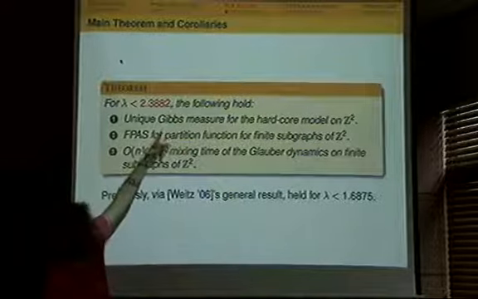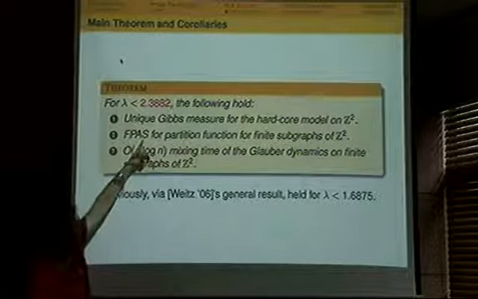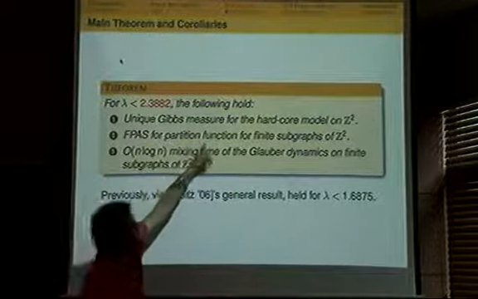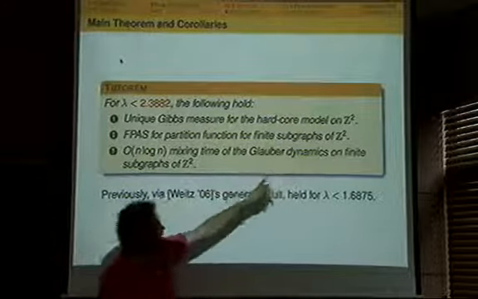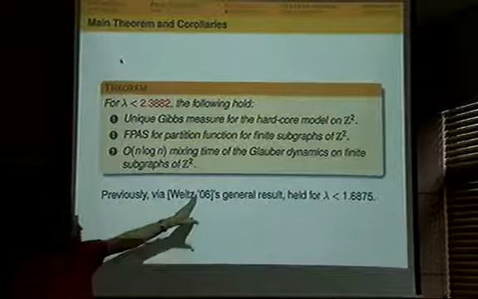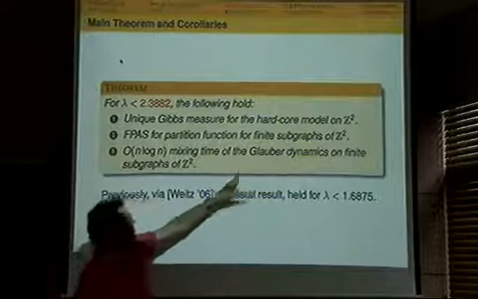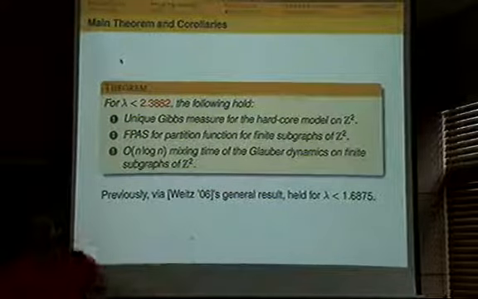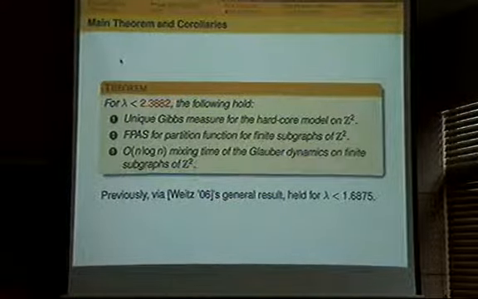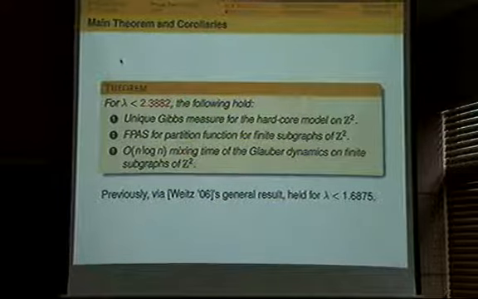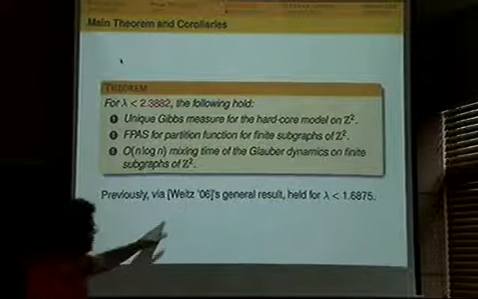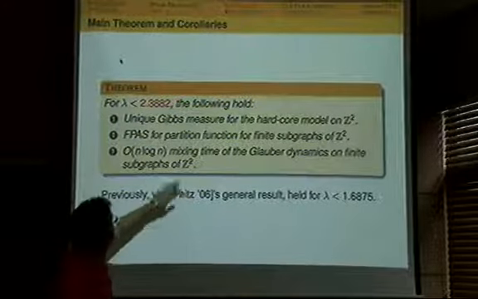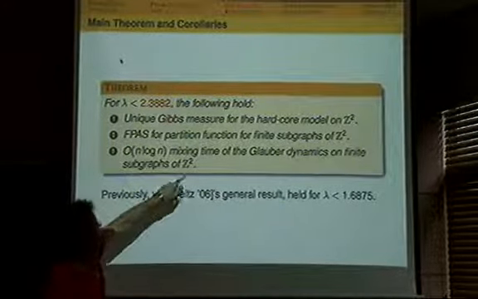In that phase, you also get an algorithm to compute the partition function for any finite subgraph. And also, if you're interested in this Markov chain, you show that the mixing time is small. You get all this stuff when lambda is less than this. And we get there by improving on Weitz's result to take advantage of the Z2 structure.